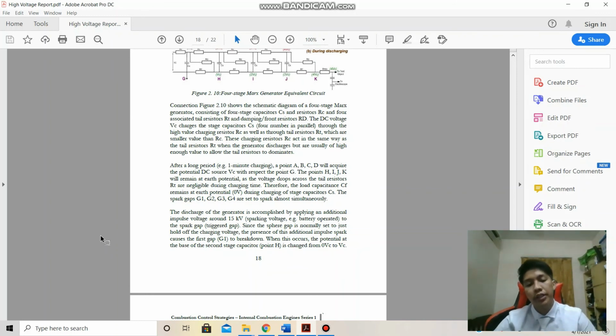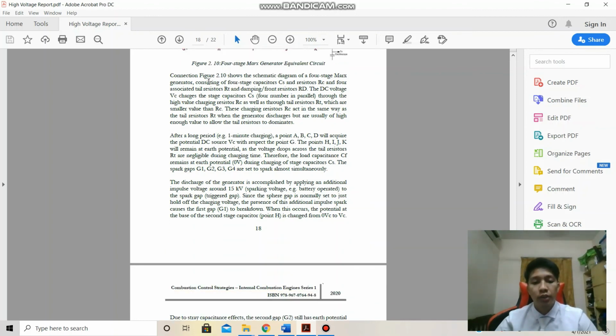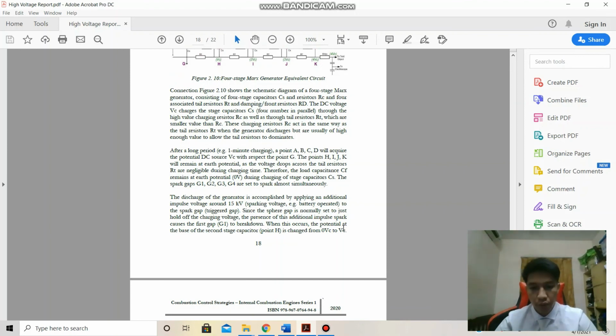The spark gap will trigger, and since the sphere gap is normally set to just hold off the charging voltage, the presence of this additional impulse causes the first gap, G1, to break down. When this occurs, the potential at the base of the second stage capacitor, point H, is changed from 0 volt to V volt.